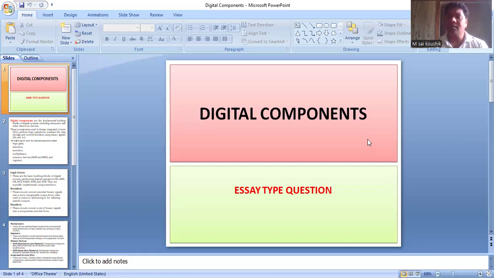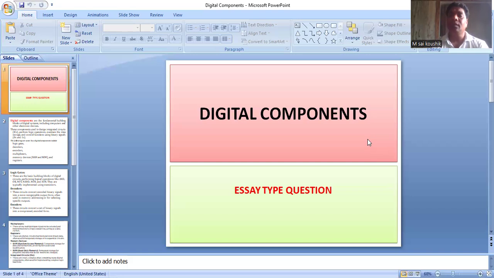The computer has a special language called binary language. Why? Because the input is received by the computer as a binary system, a combination of 0 and 1.